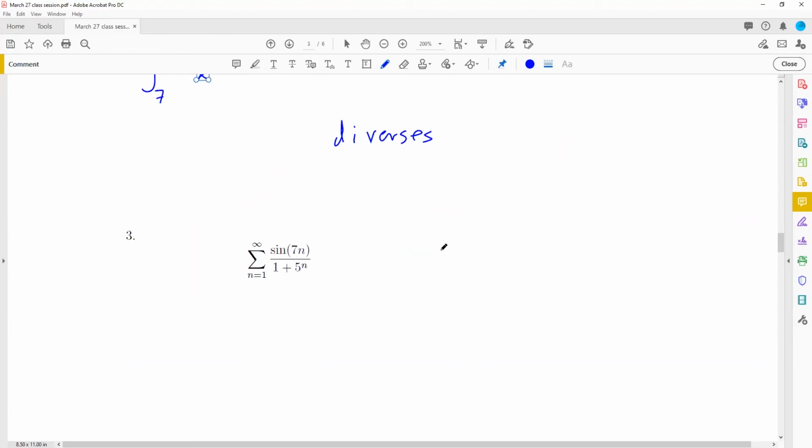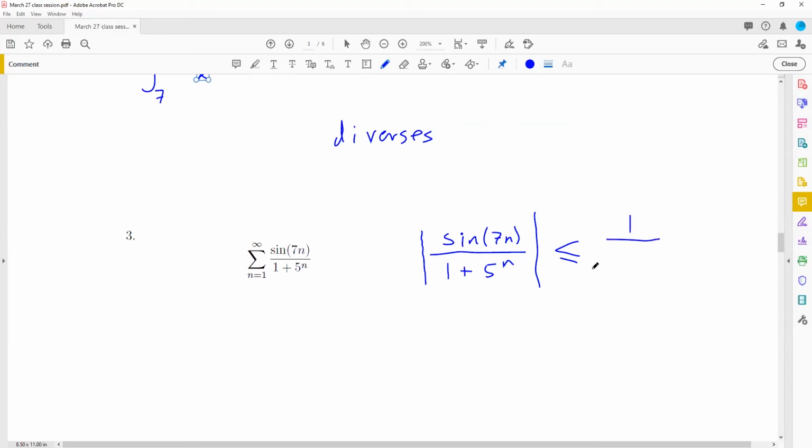Isn't it going to oscillate? Isn't it going to go back and forth between like 1 and -1 or something? Yeah. So the most it can be is 1, right? Right.